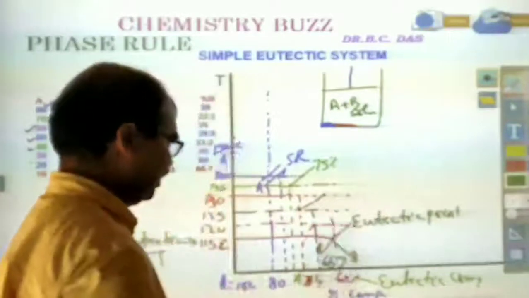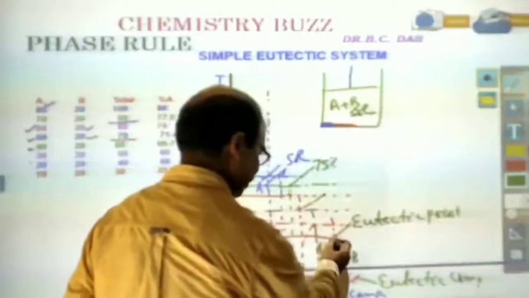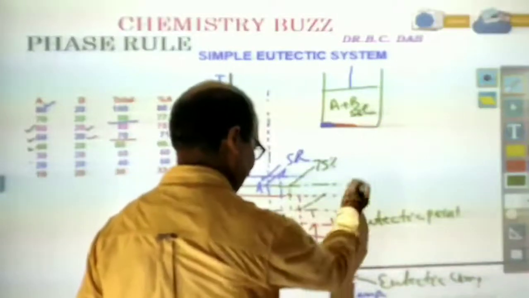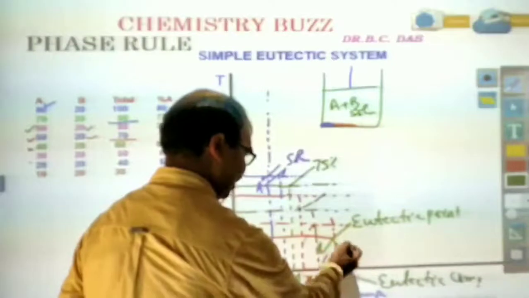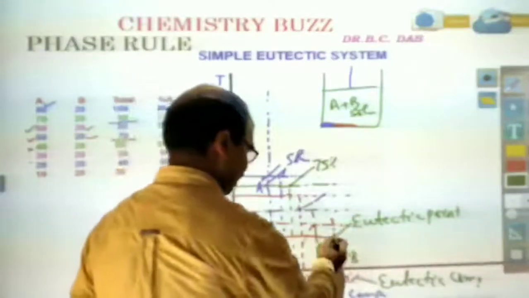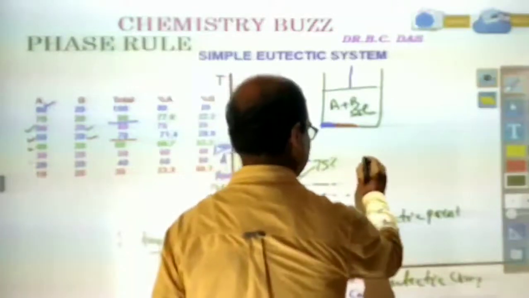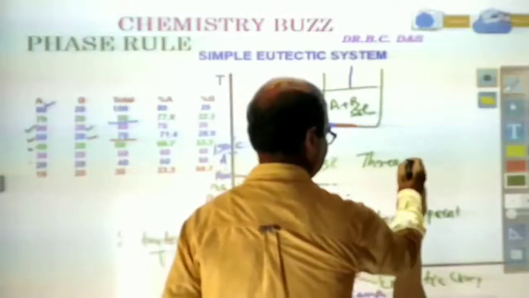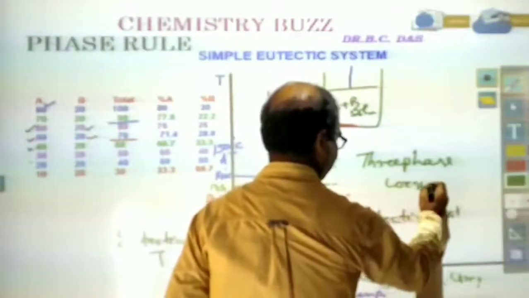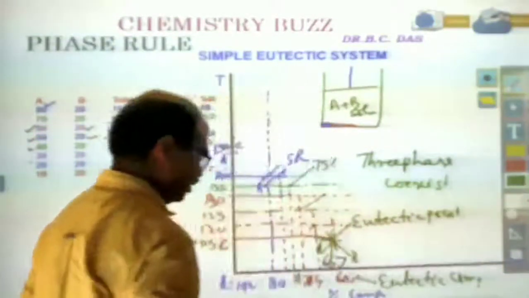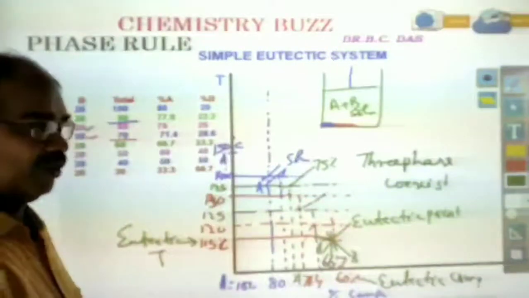So at the eutectic temperature, both solids get separated, and this eutectic point is in equilibrium with three phases: solid A, solid B, and solution. So at this point, three phases coexist, because two different solids are two phases, and the solution is one phase.